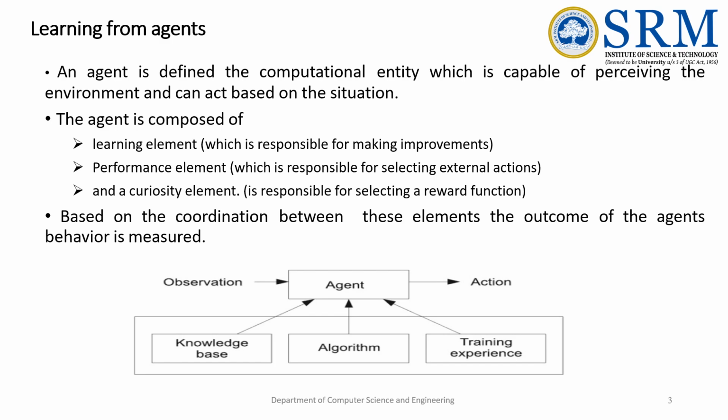This can generally be related to the concept of an intelligent agent. The intelligent agent observes the environment and makes its own decisions, performs actions according to the decision, receives feedback, and learns from the feedback. Here there are different blocks available: agent, knowledge base, algorithm, and training experience.